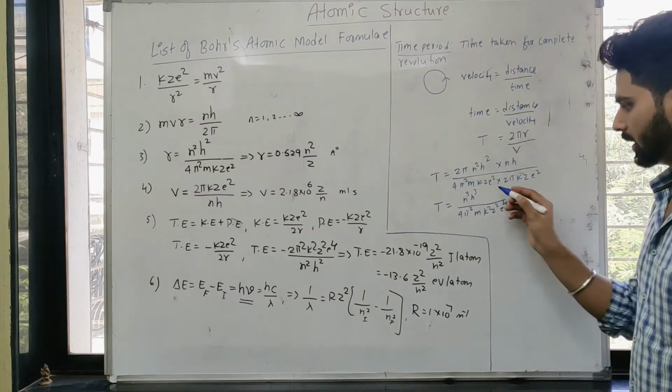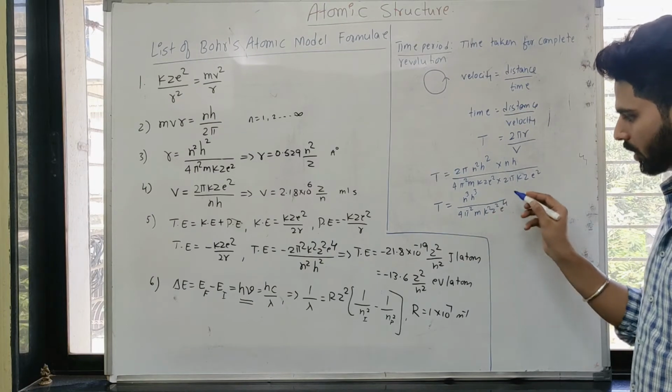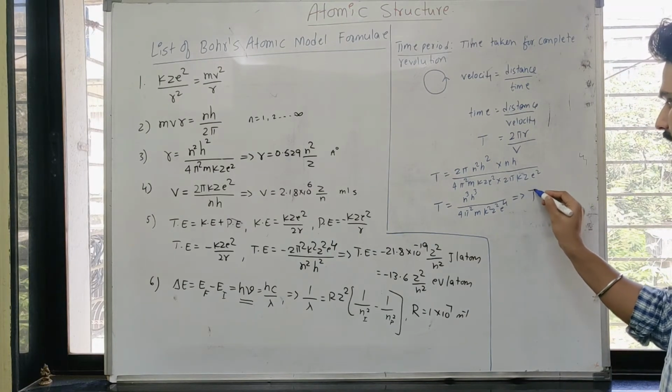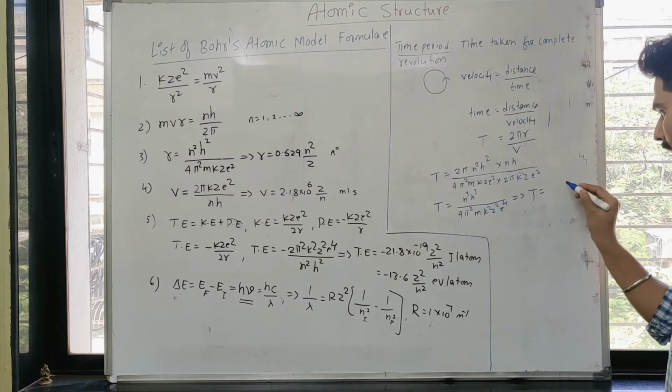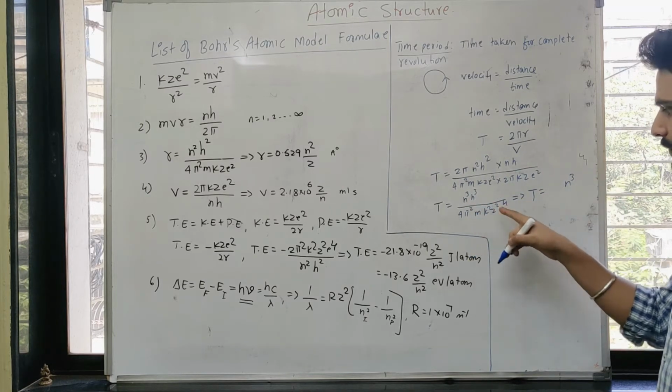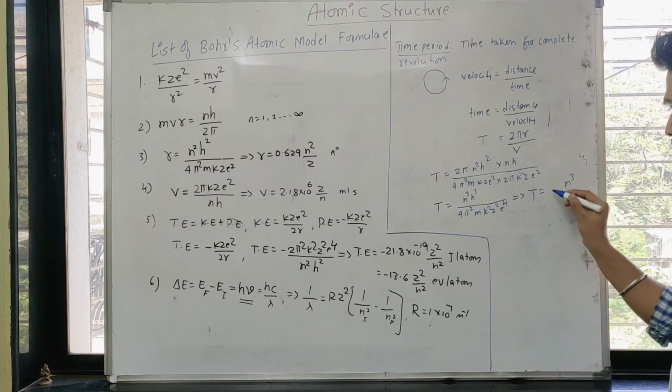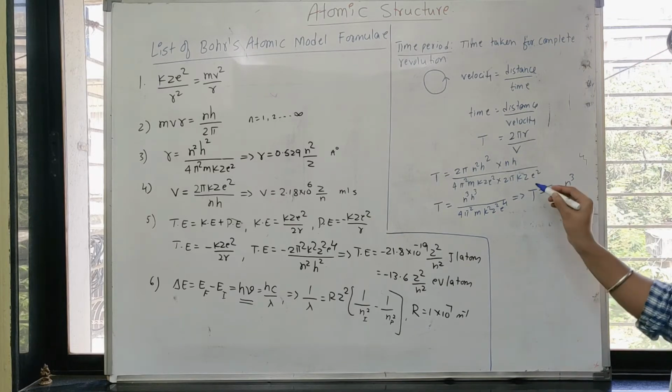So let us call all the constants as one particular constant. So this becomes t equal to, apart from n cube which is variable and z which is variable, z square, the rest all let me call it as t naught.